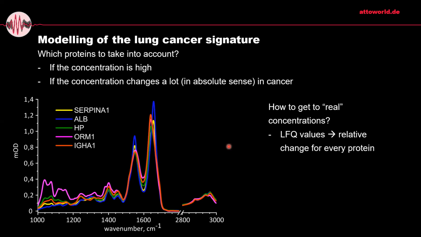The trick that worked for us was to scale them using literature values. Our control group was rather large, so we took the average values of these proteins for an average healthy person and rescaled our LFQ values. That way we had very good quantification of the relative changes between different people, and also a rather decent comparison between different proteins.